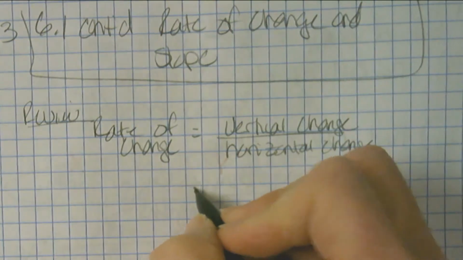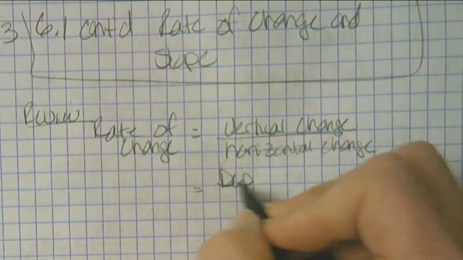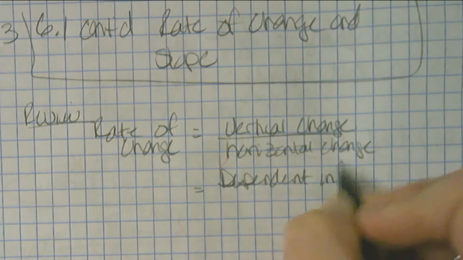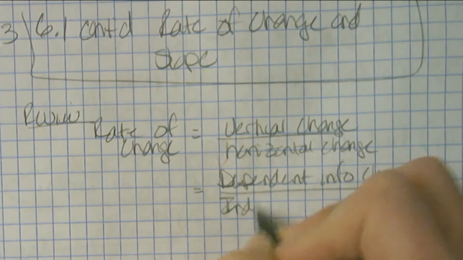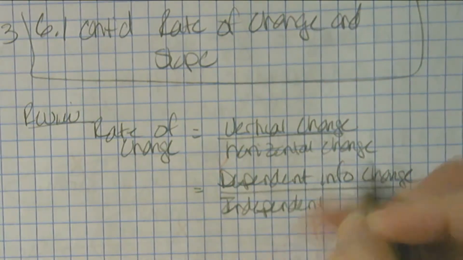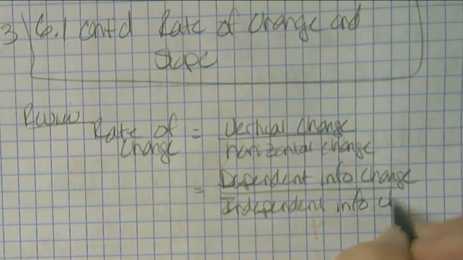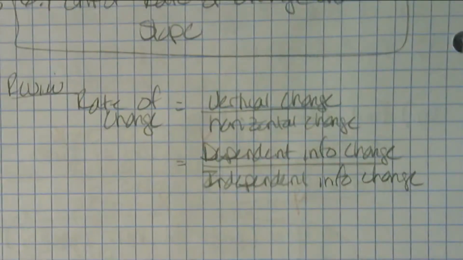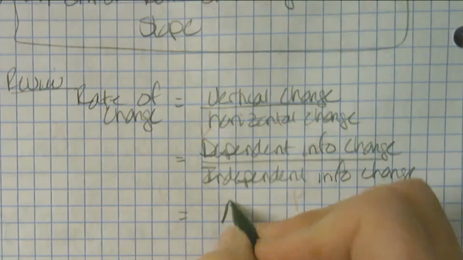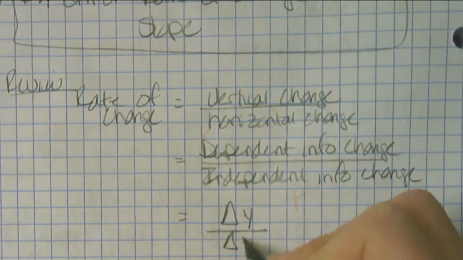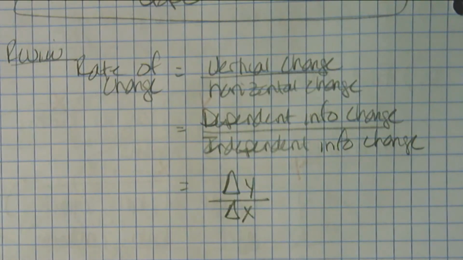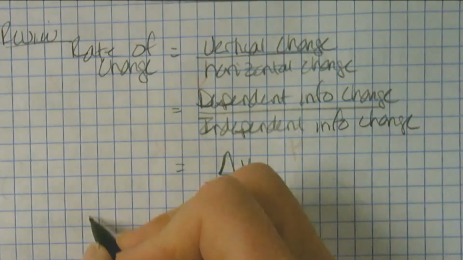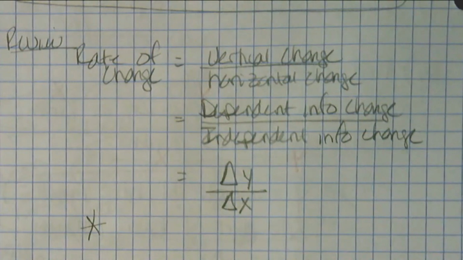That's also your dependent info change divided by your independent info change. We also write that as change in y over change in x. So those are all the formulas for rate of change.